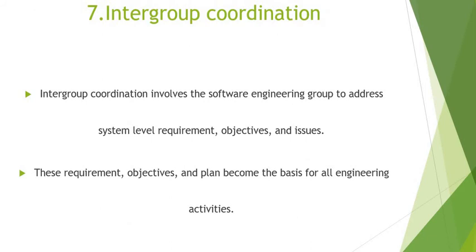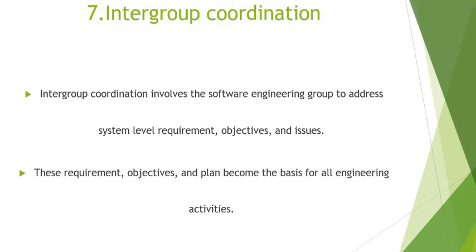The seventh one is intergroup coordination. Intergroup coordination involves the software engineering group addressing system level requirements, objectives and issues. These requirements, objectives and plans become the basis for all engineering activities.